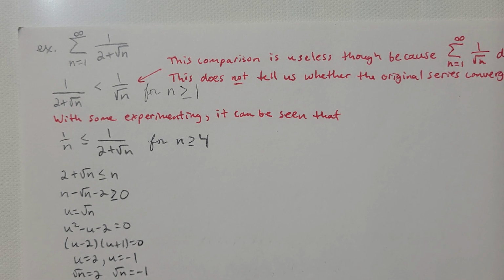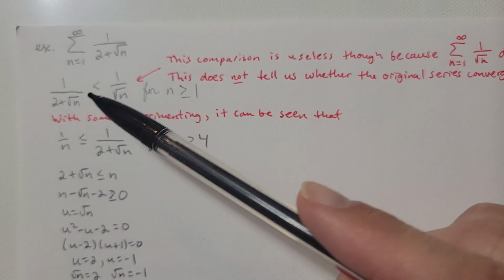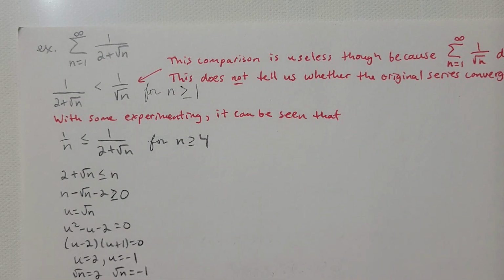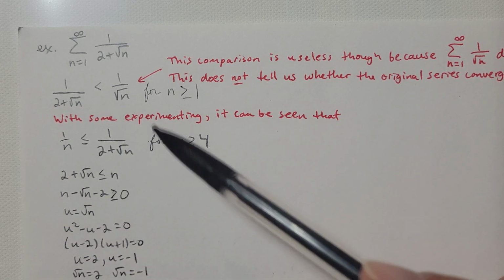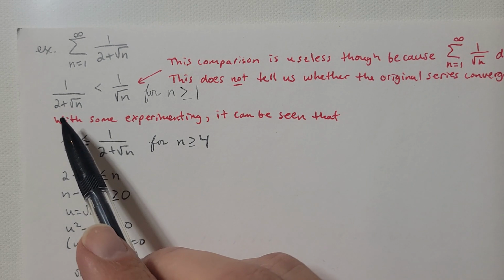Suppose that we have the summation as n equals 1 to infinity of 1 divided by 2 plus the square root of n. I mentioned in the last video, it's very natural to compare the sequences with other sequences where you're disregarding terms here.